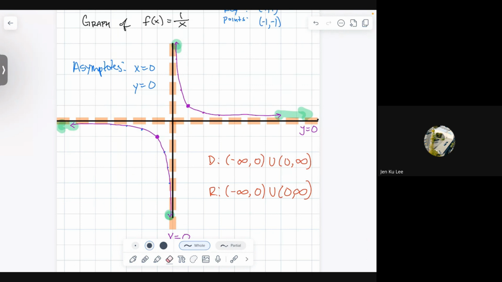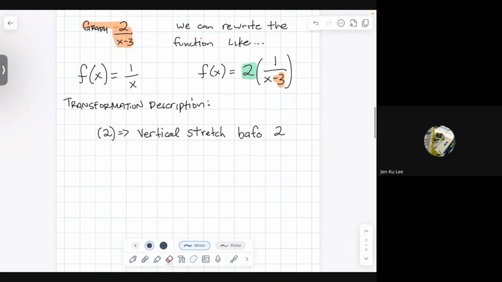Those are the only transformations that would change my asymptote. Okay, so shifts and reflections don't. Oh no, I'm sorry, not shifts. Stretches and reflections don't. Only shifts would affect my asymptote. Cool.